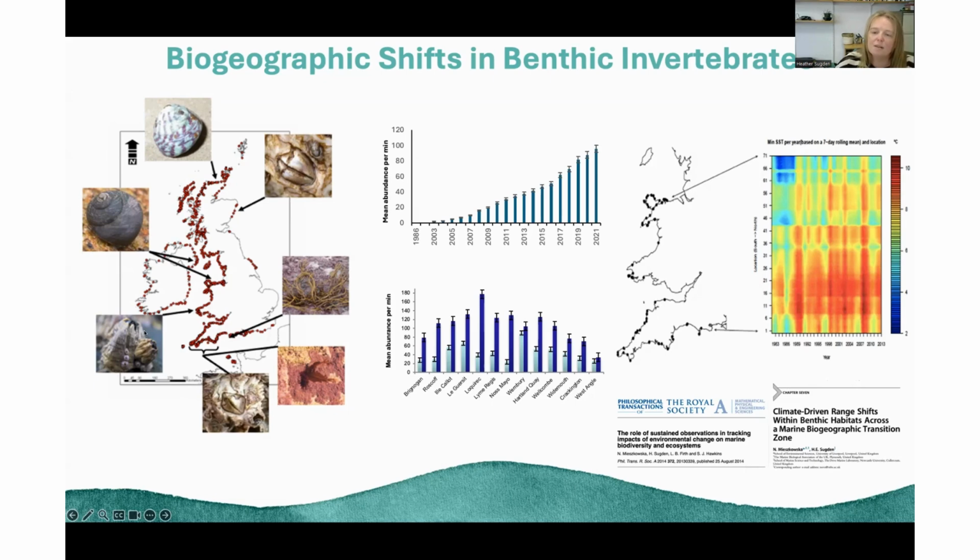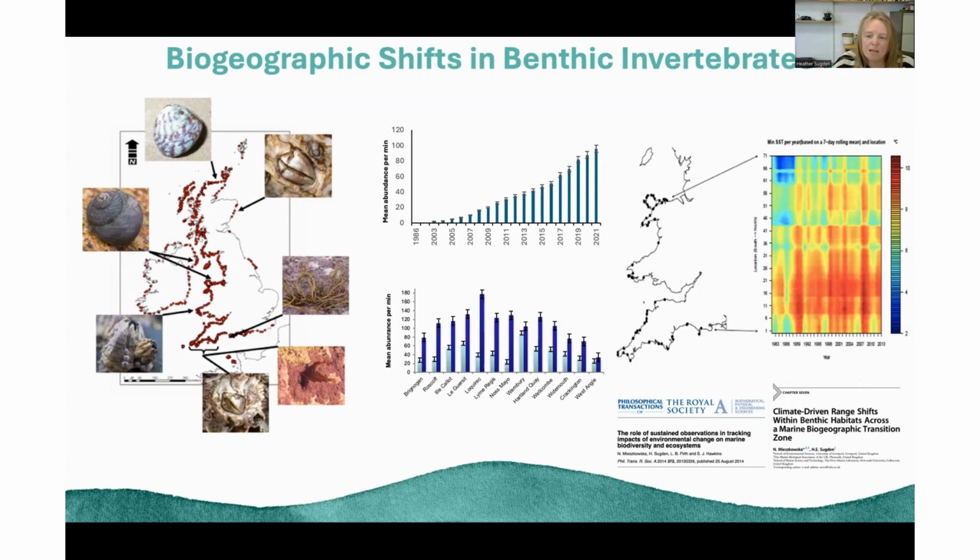But we're also seeing retractions of some of those boreal species, so the barnacle Semibalanus balanoides and the Alaria esculenta. They're retracting in their range edges. We can track those species responses for the warming and cooling that we're seeing in the UK climate change. So the types of temperatures that we're seeing over time is really being reflected in the movements of those species.